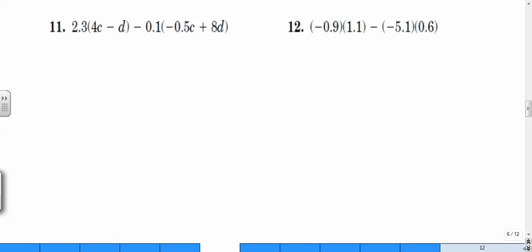Let's try another one. Okay, problem number 11. 2.3 times 4c minus d, and then I have another expression here, right? So here I cannot simplify the parentheses. I need to use the distributive property and multiply that 2.3 to everything inside the parentheses. So I have 2.3 times 4, okay?